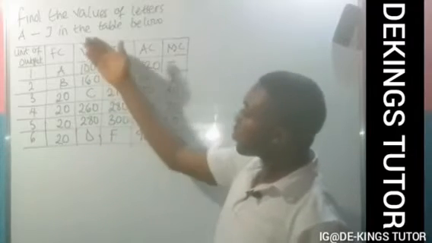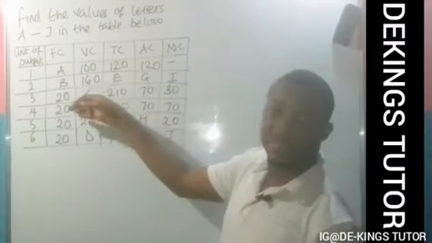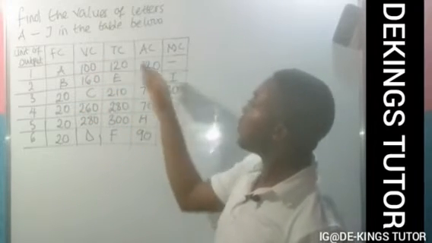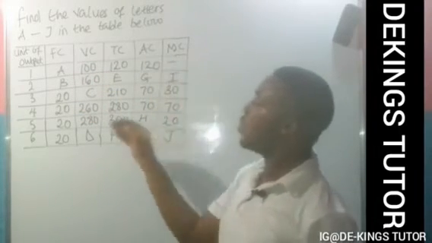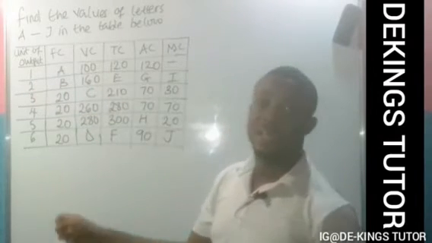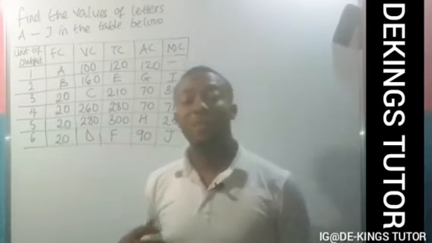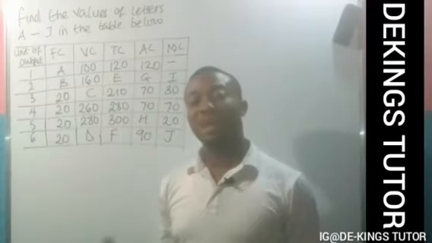So we have the unit of output, the fixed cost, VC stands for variable cost, TC stands for total cost, average cost, and marginal cost. We have some missing items here, so they're asking us to fill. How do we fill? We can fill this using the formulas of the related costs we have learned.